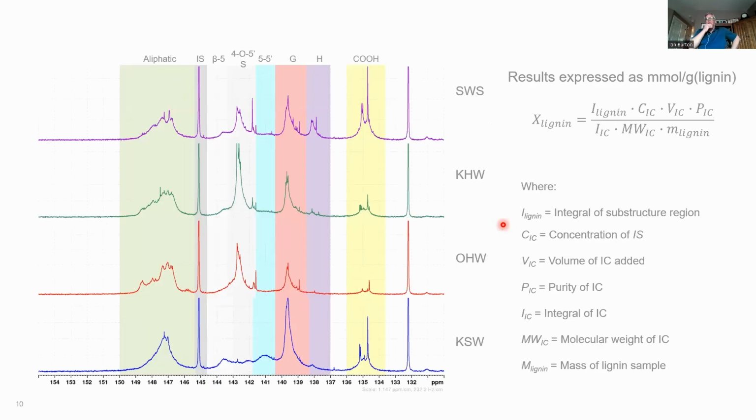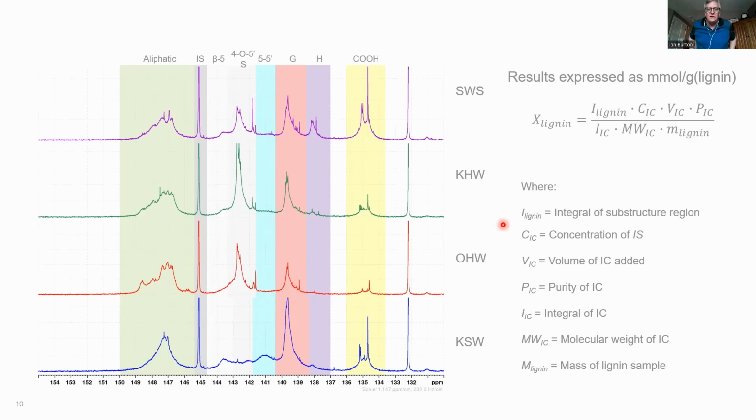So this was all part of a round robin study with Canadian Standards Association, CSA Group, in order to create a published, standard method for the analysis of lignins. It was originally done at high field, between 400 and 600 megahertz.